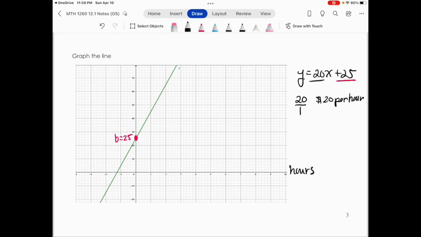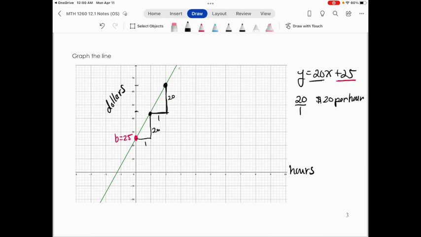So my x-axis is going to represent the hours, and my y-axis is going to represent the dollars. So every time I come over 1 hour, I'm going to go up $20. So I'm going to go from 25 to 45. That's a change of $20. So I'm going to come over again 1 hour, and I'm going to go up 20. So this is 20, this is 1. This is 20, and this is 1.